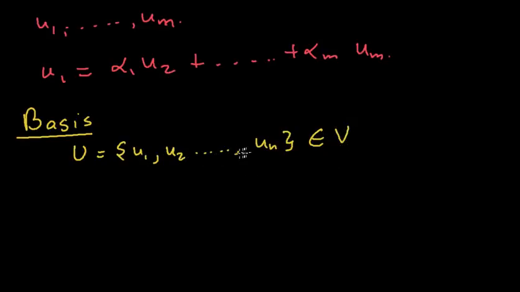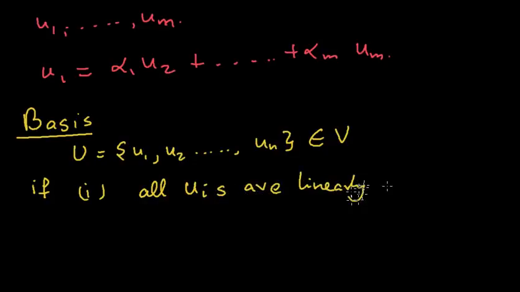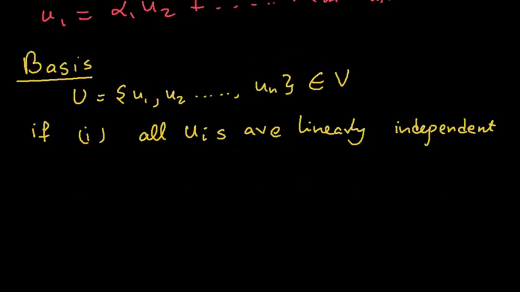These vectors are said to be a basis of V if the following conditions are satisfied. The first is all ui's are linearly independent. It means that none of the ui's can be written as a linear combination of the remaining elements.